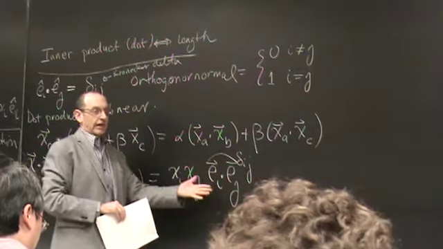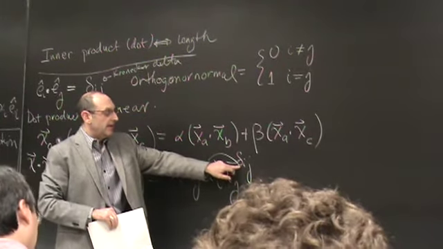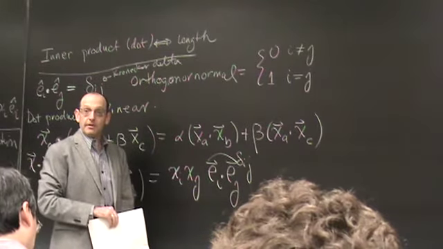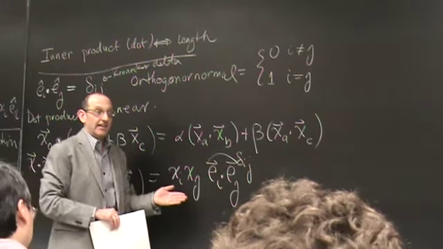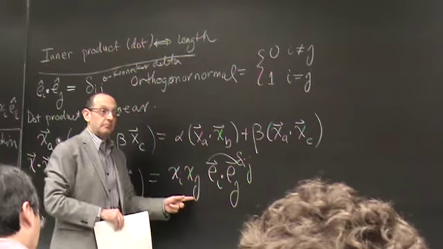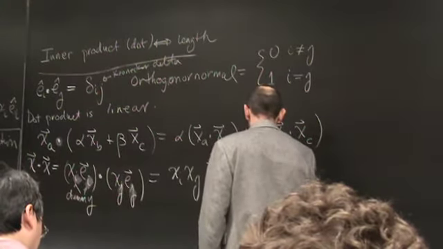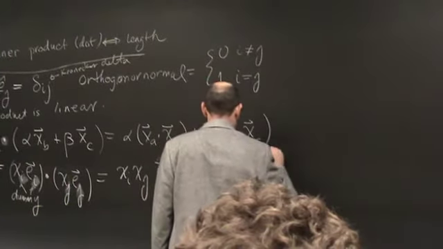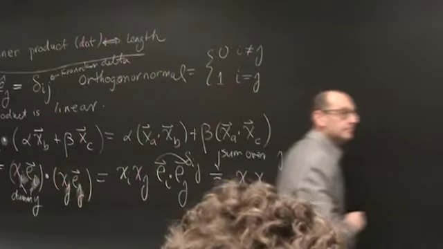The trick is, because the Kronecker delta is 0 unless i equals j, when you sum over either i or j, this will be 0 unless the two indices are the same. So if I sum over j, for example, I'm left with the sum over i.